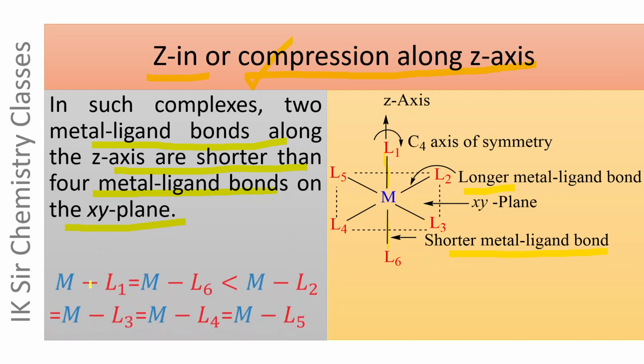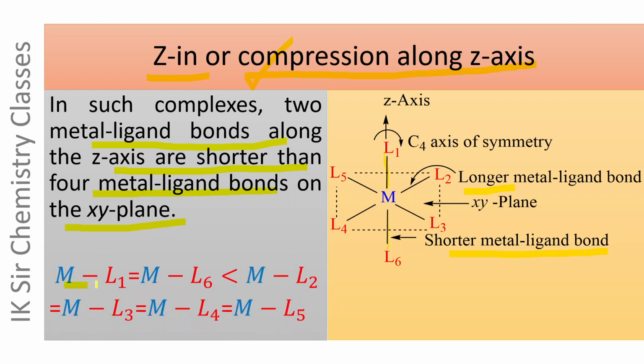It means ML1 is equal to ML6, which is shorter than the four metal ligand bonds situated on the xy plane, that is ML2, ML3, ML4 and ML5. Thus, the tetragonal distortion in octahedral complexes is of two types, Jahn-out and Jahn-in.